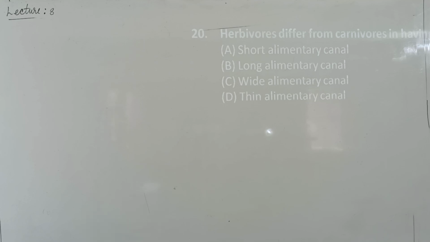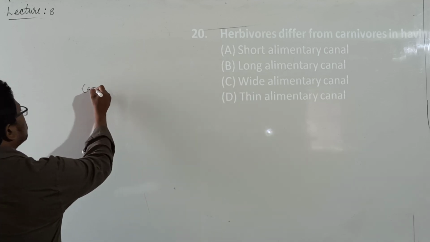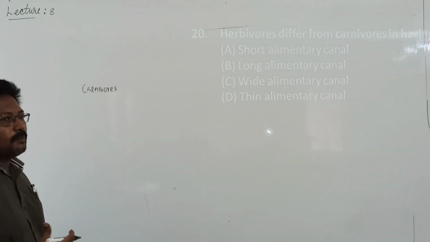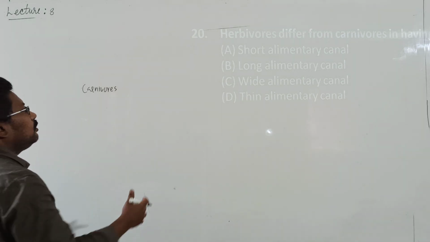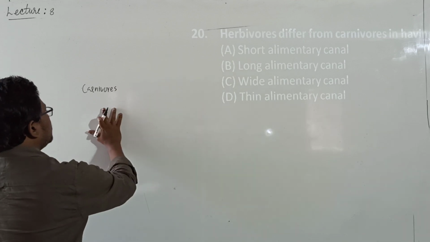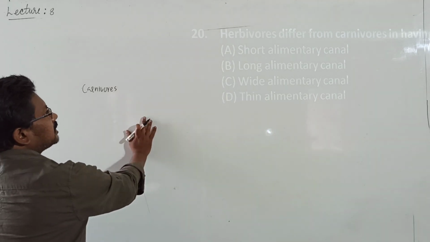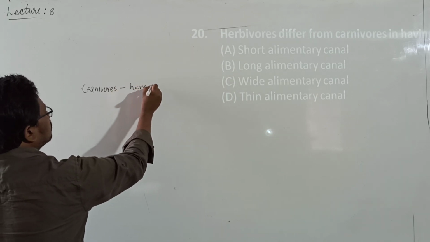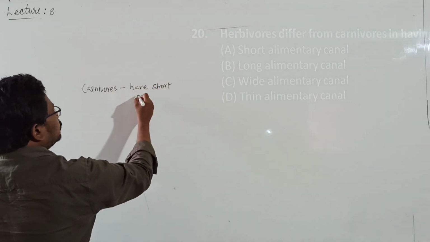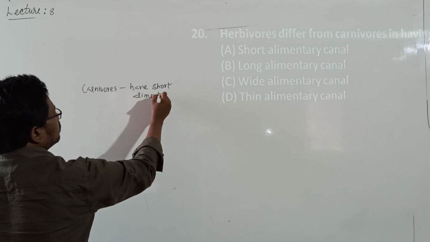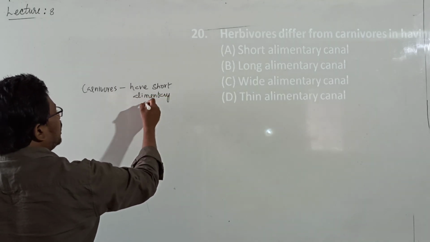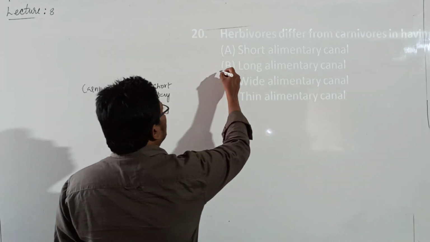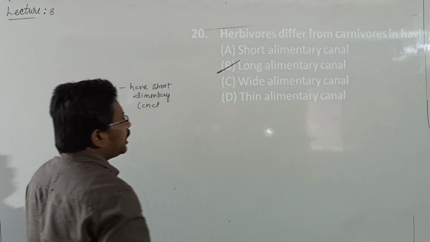Whereas in case of carnivores, carnivores will be taking mostly a protein diet. So hence the digestion is quite easier when compared with digesting the plant material. So hence carnivores have a short alimentary canal, whereas herbivores will be having a long alimentary canal.